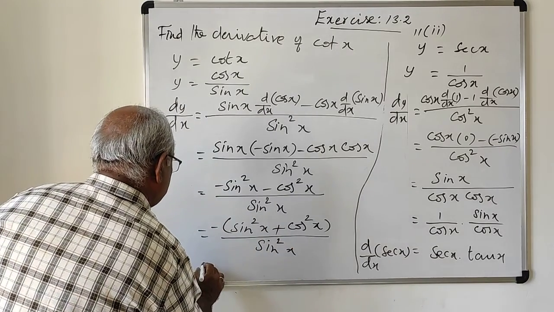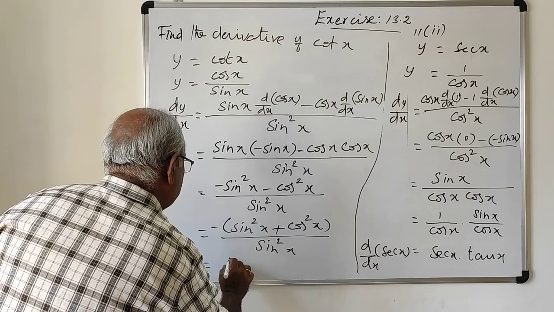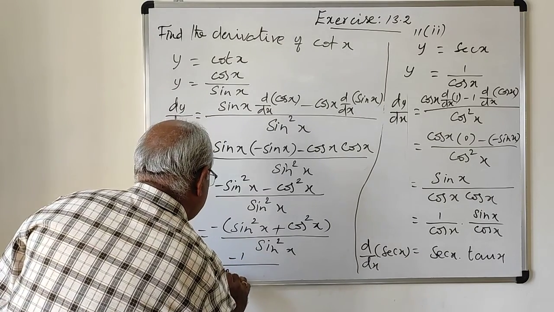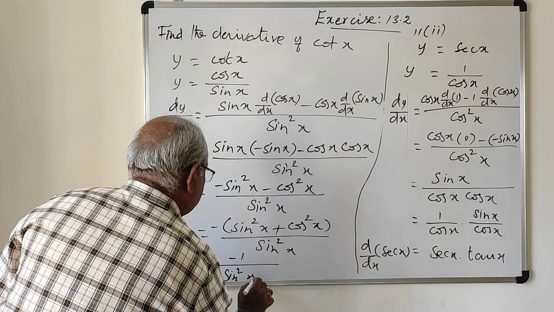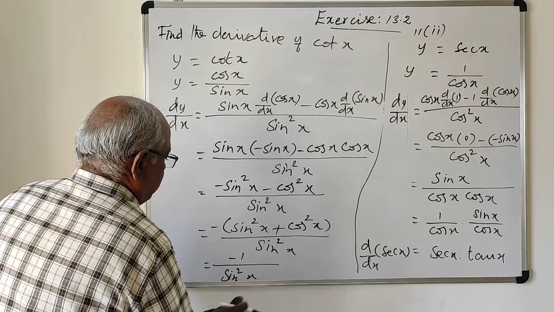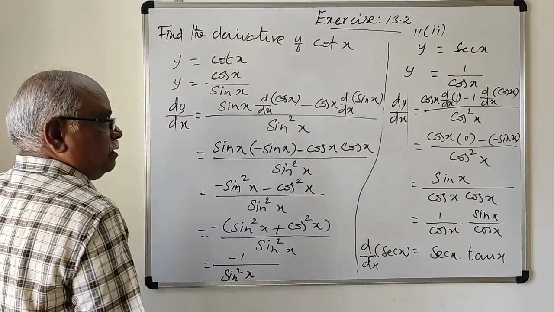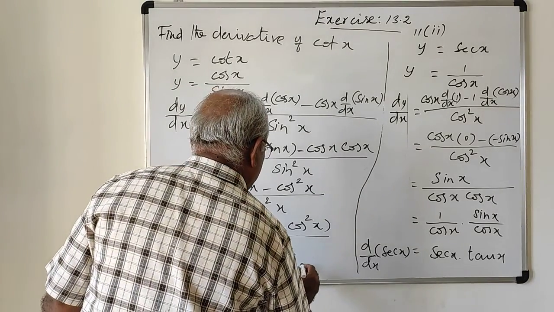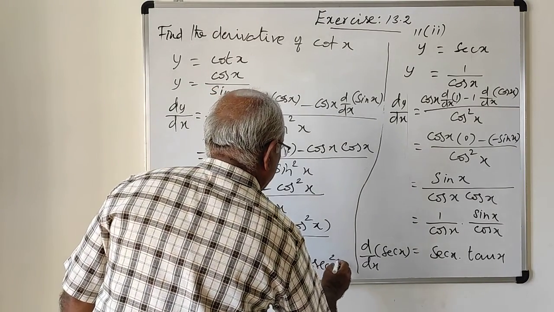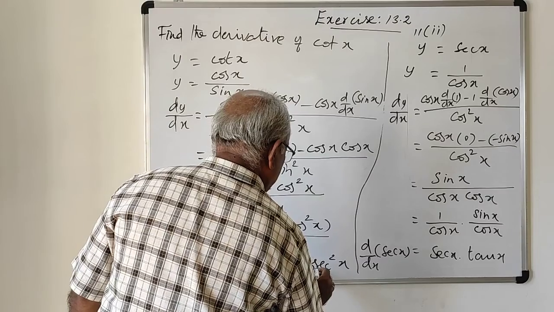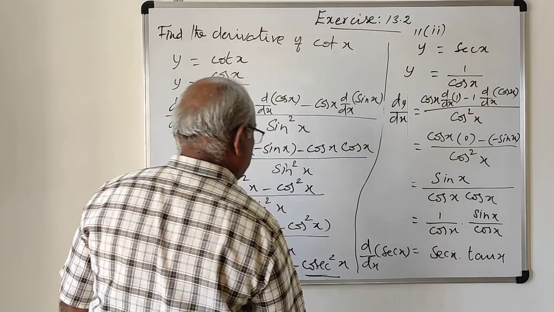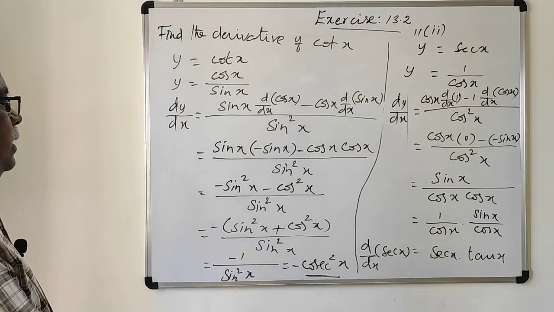Now sin square x plus cos square x is 1. 1 into minus 1 is minus 1 by sin square x. You know 1 by sin square is cosecant square. Therefore this is minus cosecant square x. Therefore d by dx of cot x is minus cosecant square x.